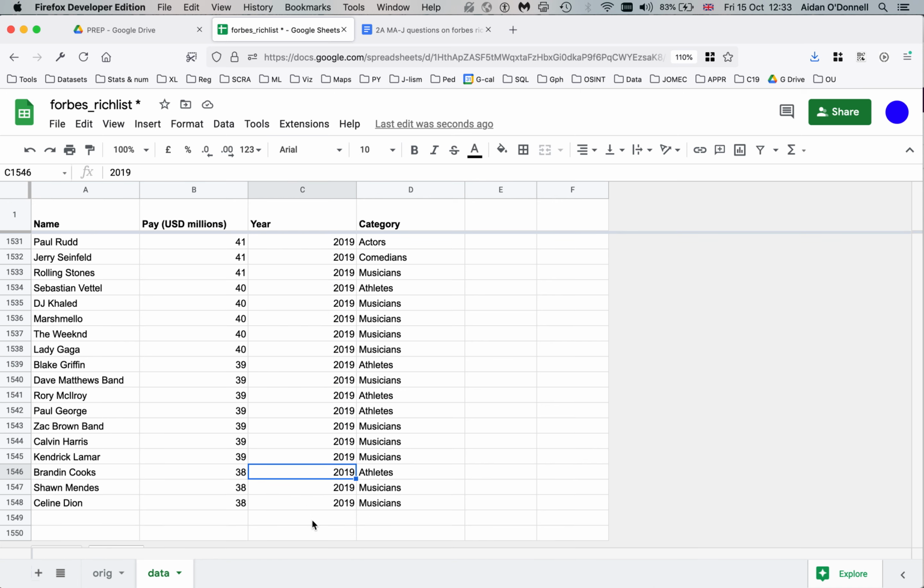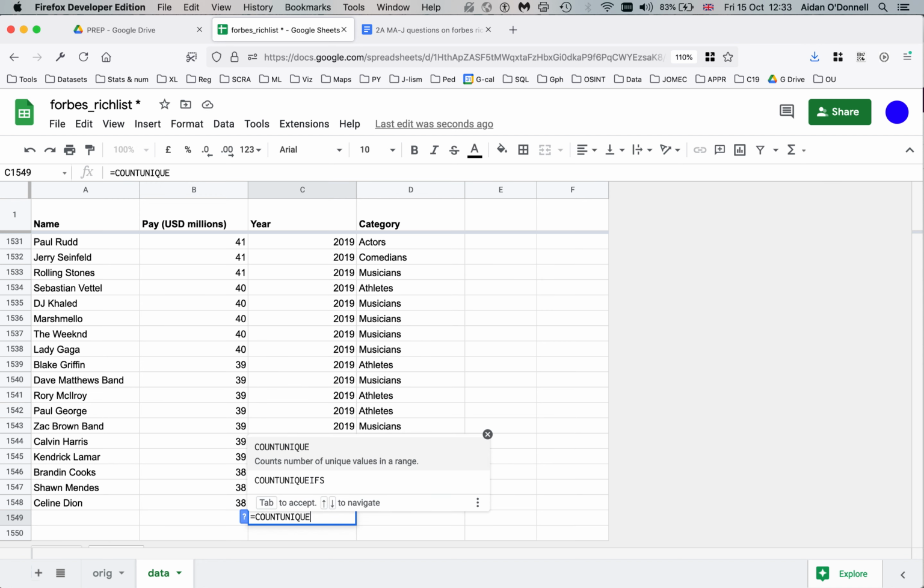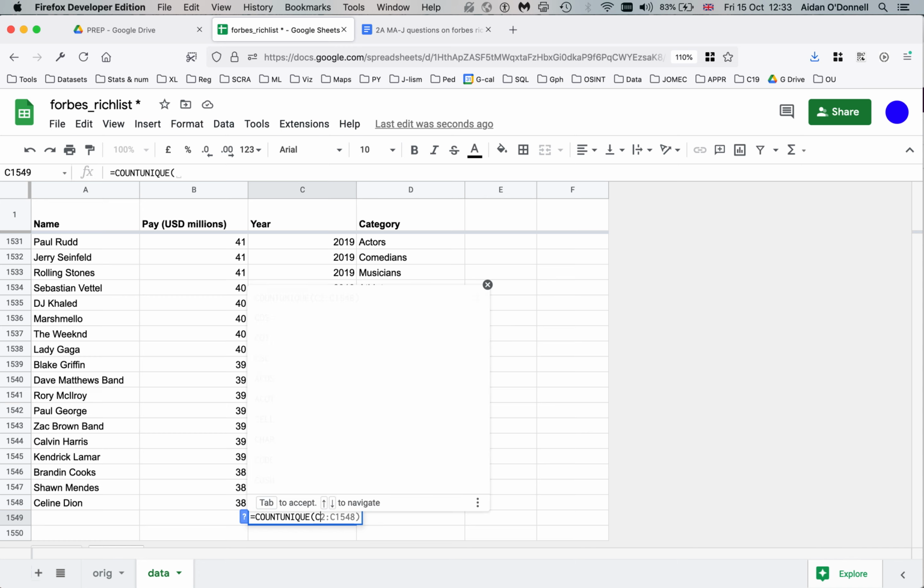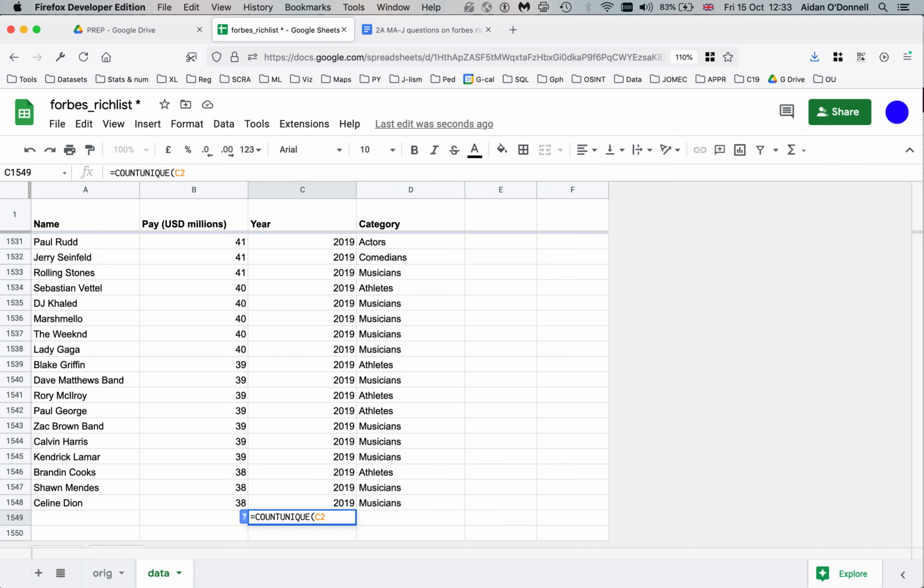Okay, so one way around this would be to say count unique, so we want all the items here in this column of years, so C2 through to C1548, and this will count each distinct thing.